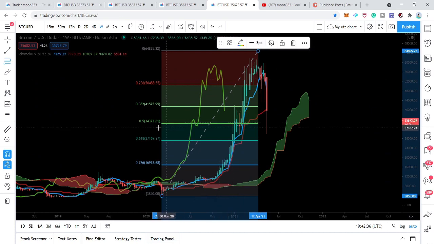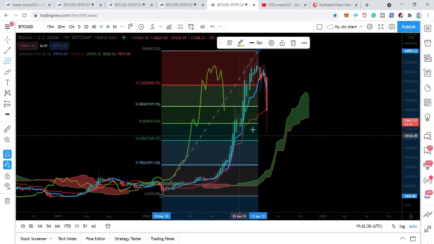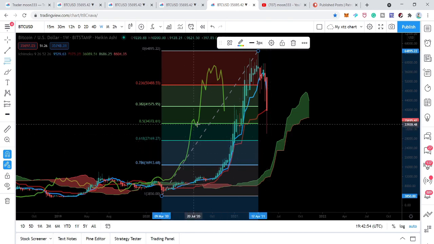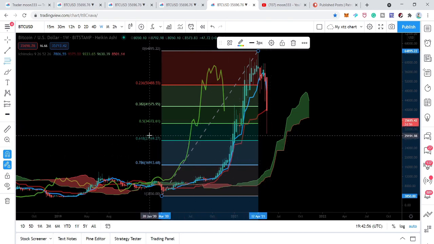We can see that this is the golden pocket that comes at $27,500, and we had a spike up to approximately $30,000. That was very close to this golden pocket. That is, you can say, an extreme buying zone for the trading community. This retracement level of the golden pocket comes at the 0.618 Fibonacci retracement level.